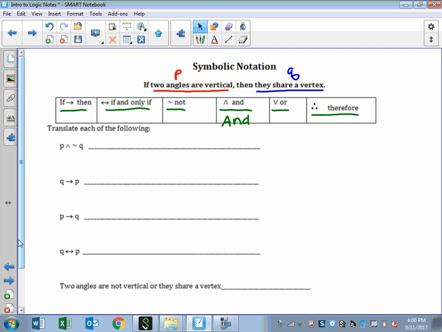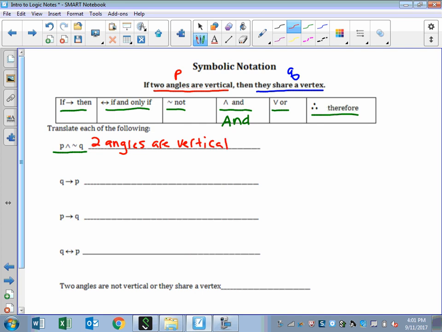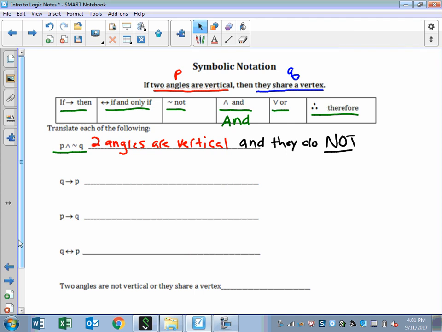Here we have P, upward arrow, not Q. So that's two angles are vertical, which is our P, and, because the upward arrow means and, not, because you have the little squiggly before the Q, they do not share a vertex.